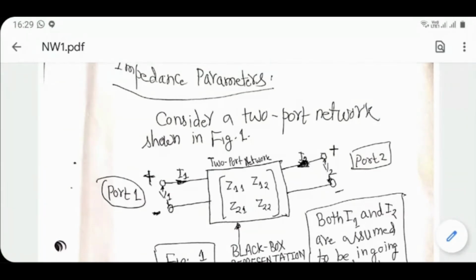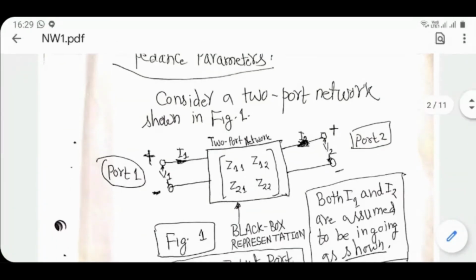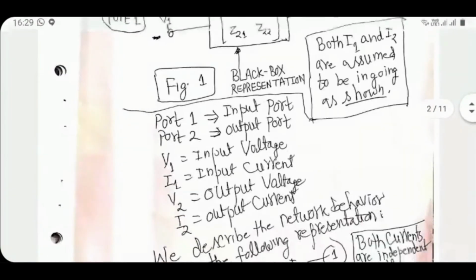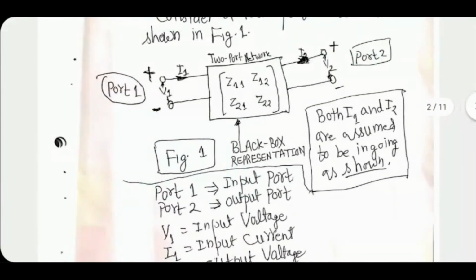As I said, the values of Z11, Z12, Z21, Z22 will actually depend on what's inside the network, but they will not be equal to any of the particular components inside.